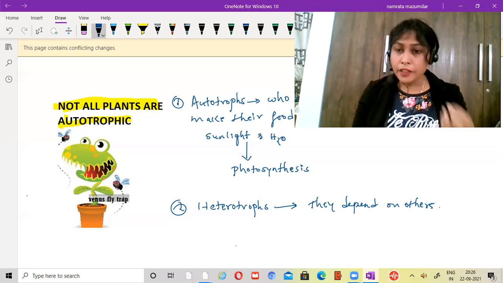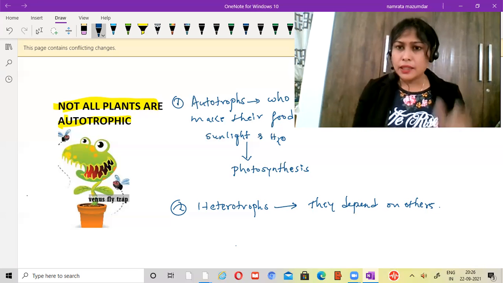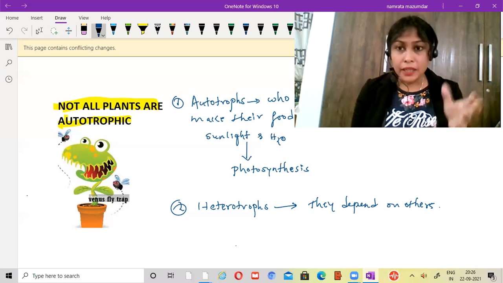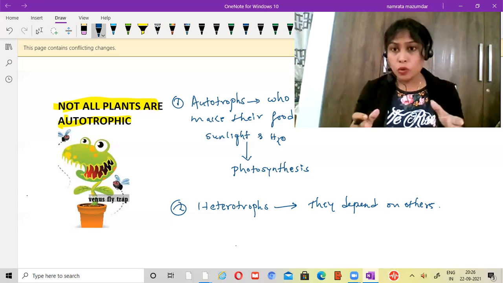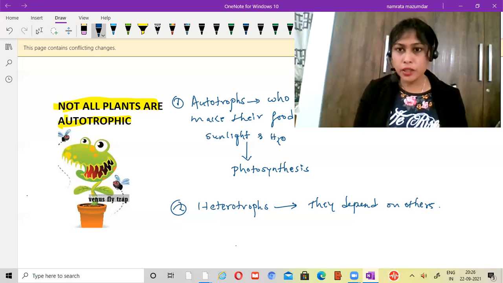After digesting those proteins, the plant gets the nitrogen, phosphorus, and potassium it needs for its nutritional requirement. It means insectivorous plants grow in areas which are obviously nitrogen deficient.